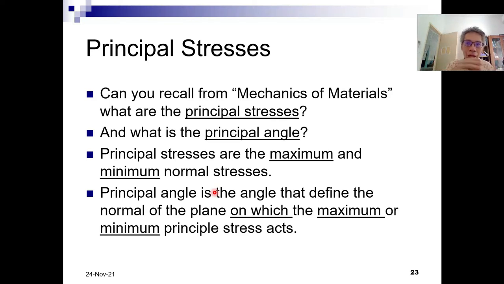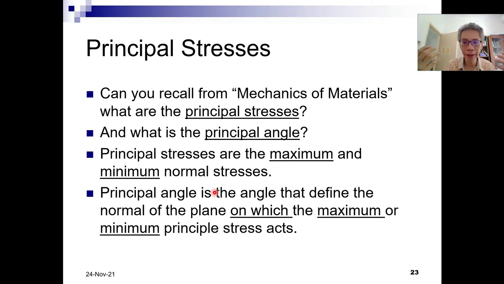And then we may want to rotate the coordinate for some reason, from the normal horizontal x and y to an angle theta. And if we rotate, the stress components will change.